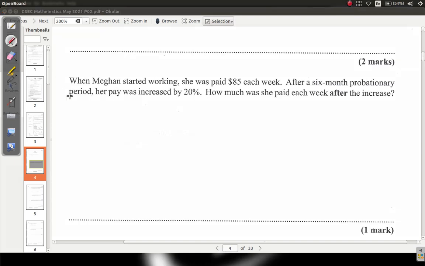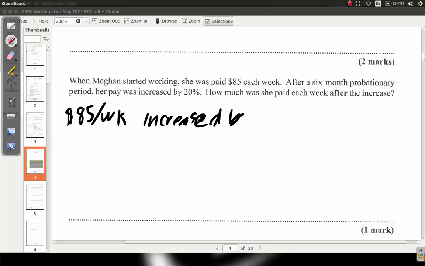So, let me say $85 per week. Alright. After a 6-month probationary period, her pay was increased. So they gave her a raise of pay, increased by 20%.